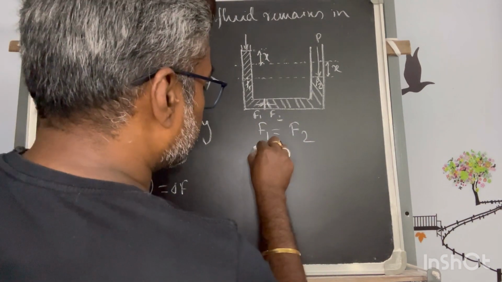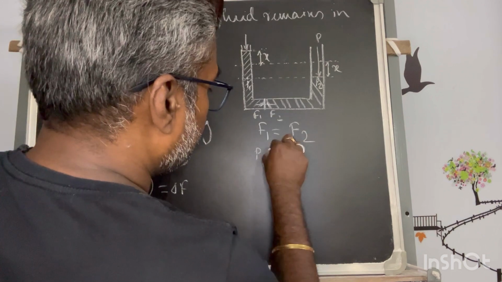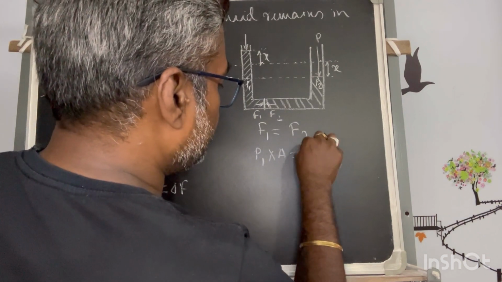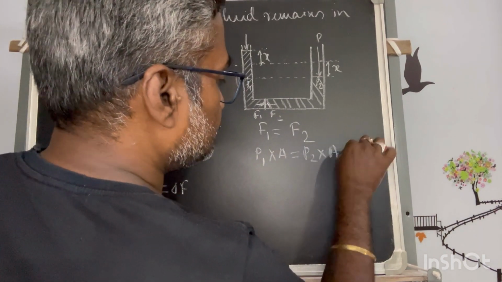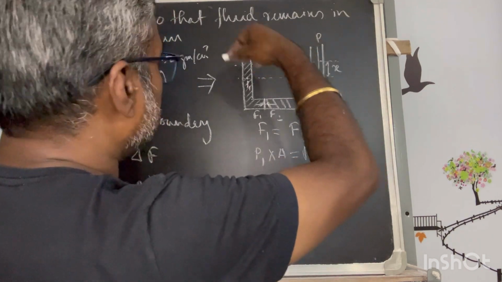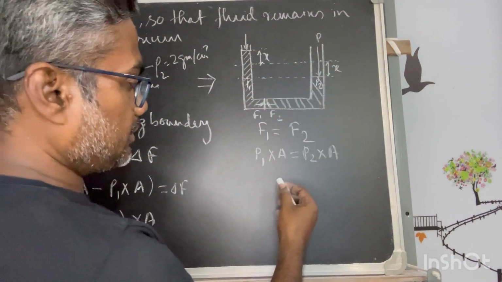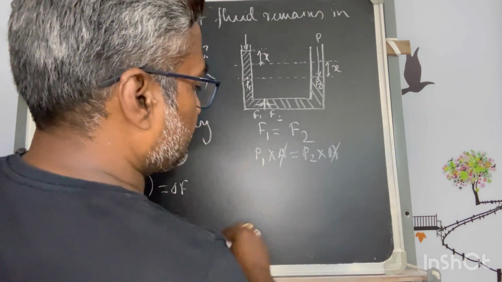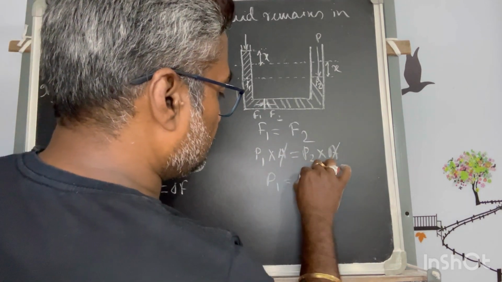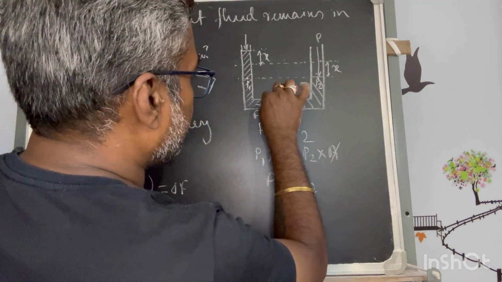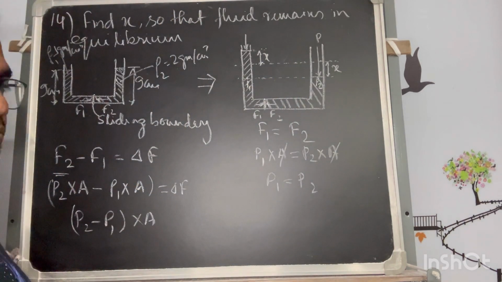So if F1 is F2, so P1 into cross section is equal to P2 into cross section, should be same, because it is uniformly having uniform cross section, I mean. So this will not take a part. So only thing is that P1 is equal to P2 across this sliding boundary.